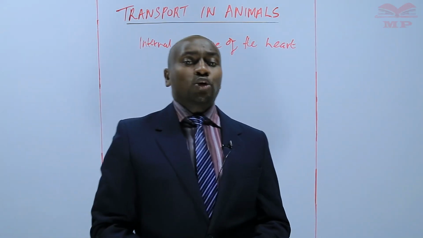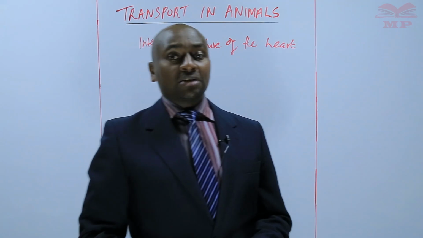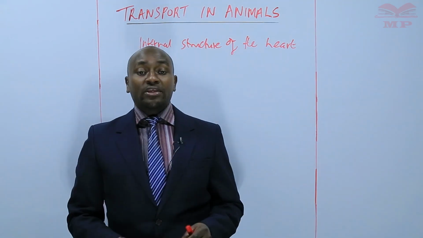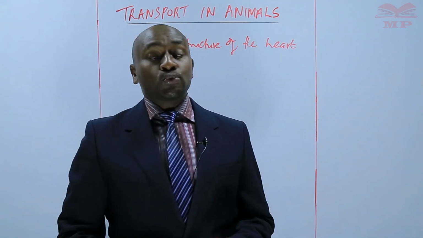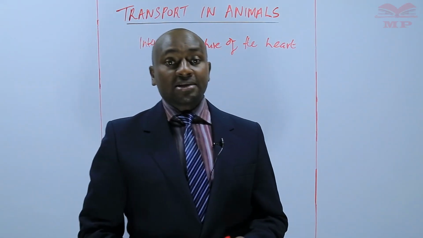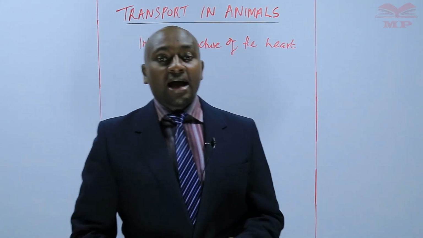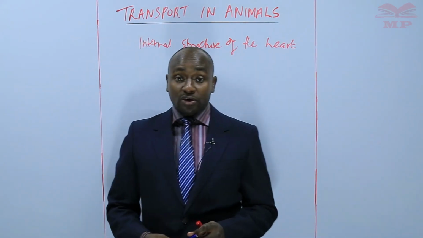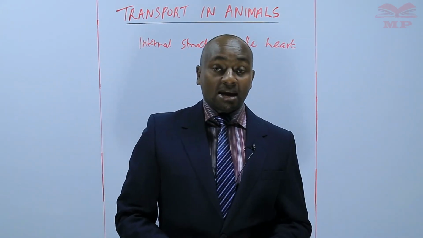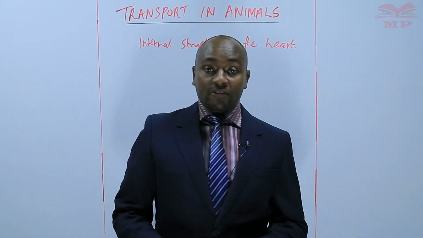The mammalian heart consists of 4 chambers. Of these 4 chambers, 2 are on the right and 2 are on the left. The right chambers are referred to as the right atrium and the right ventricle, while the left chambers are the left atrium and the left ventricle.